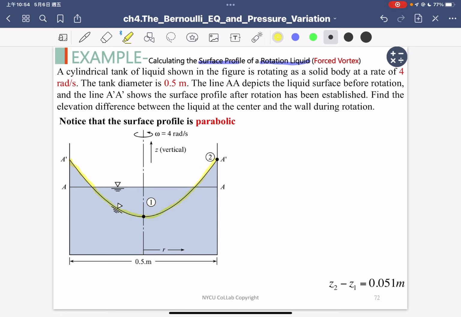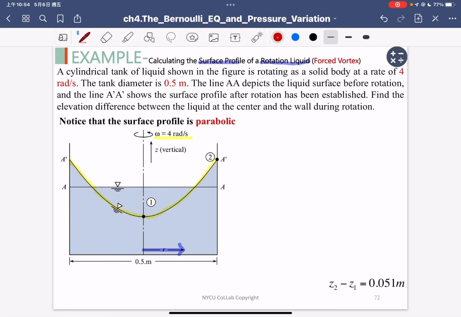If you already know your omega is equal to 4 radians per second, how can you predict the surface profile of the water line here? You can see the radius direction is along this direction.